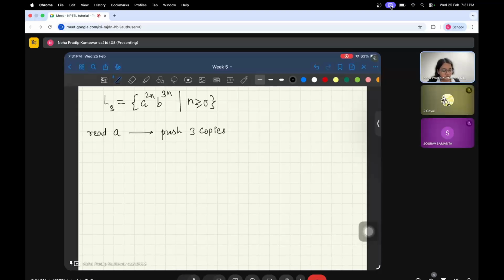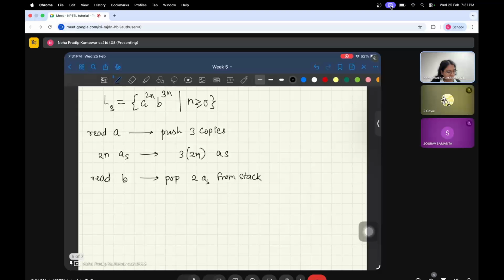So if you read 2n A's, then you are actually pushing 3 times 2n A's on the stack. That can also be done. Similarly, while popping, we make both equal, six and so on. And then when you read a B, you pop two A's from the stack. Both are essentially the same logic, just with different implementations.